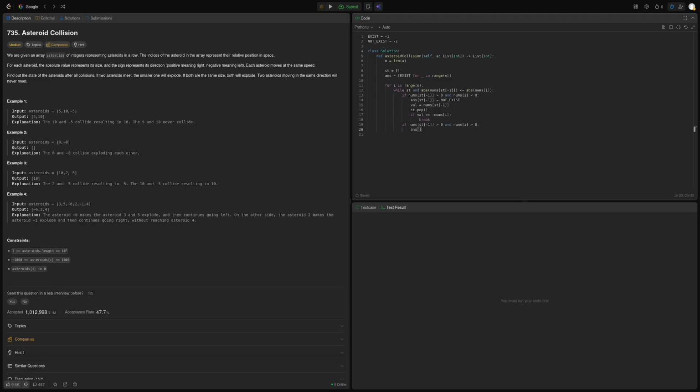then ans of st minus 1 is equal to, ans, no, is equal to I, and if nums st minus 1 is under 0 and nums I is under 0, so they're both under 0 and the first one is smaller, then we just do this. Nothing changes.